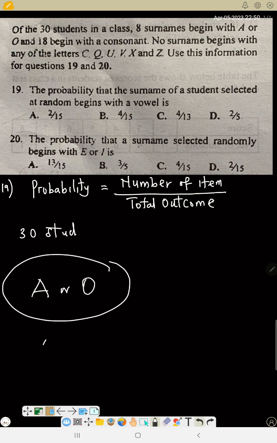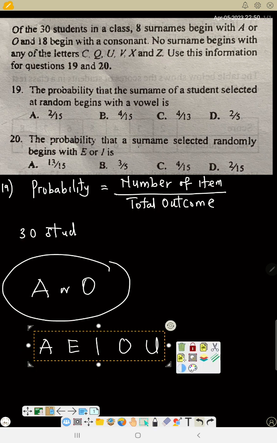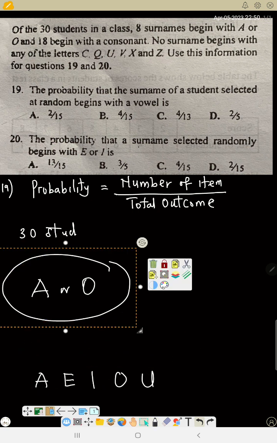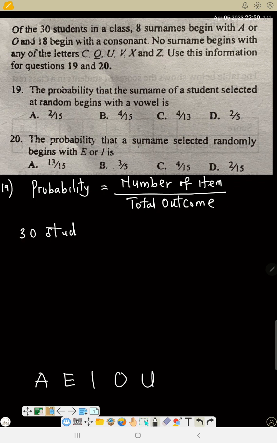So vowels are A, E, I, O, U. So now 8 students begin with A or O, and 18 begin with a consonant.